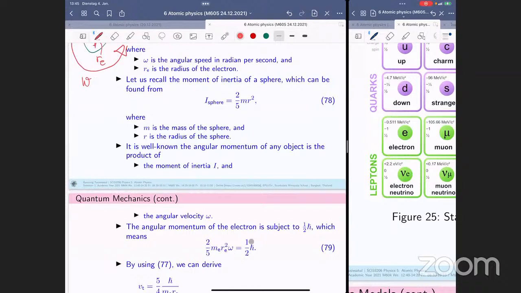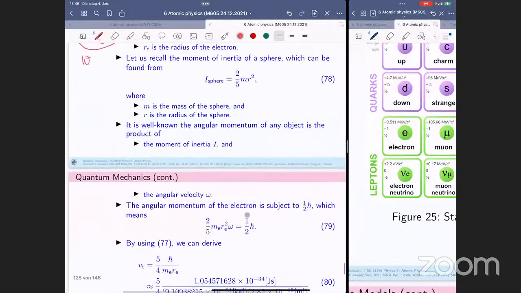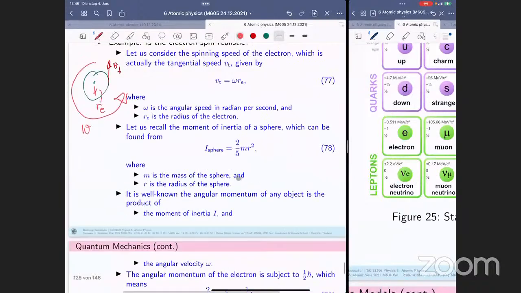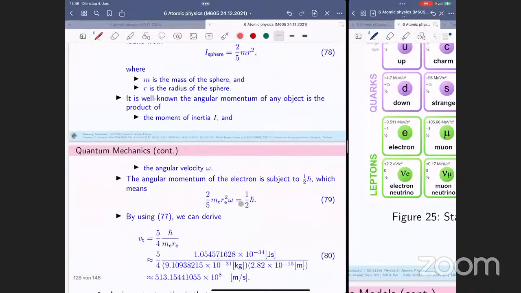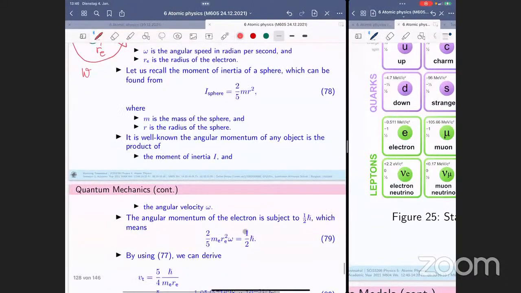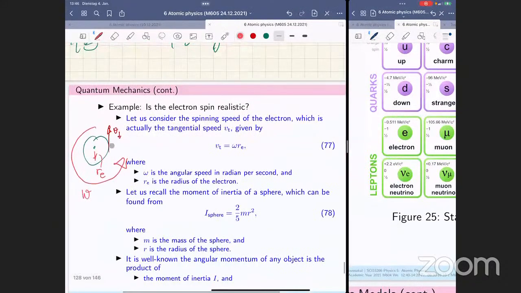You have the h-bar, and once you solve for omega, omega is v_t over r_e. When you substitute v_t over r_e for omega, you get the value for v_t, the tangential speed of the electron here.